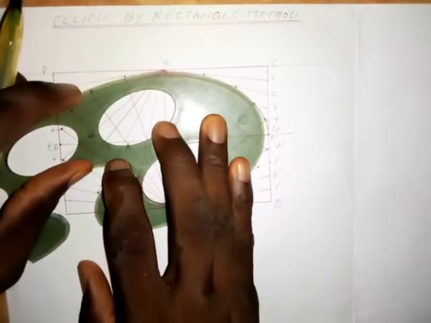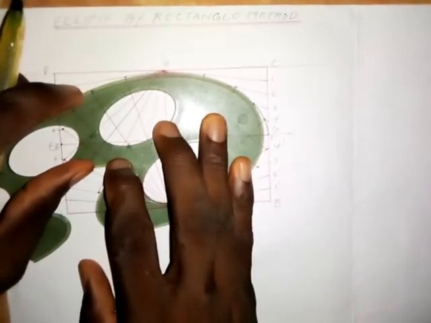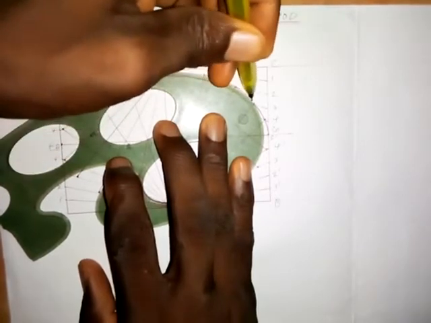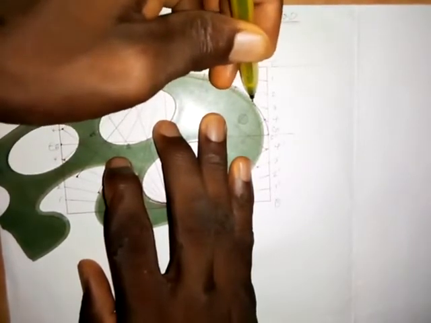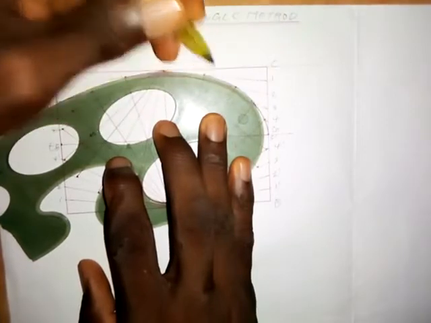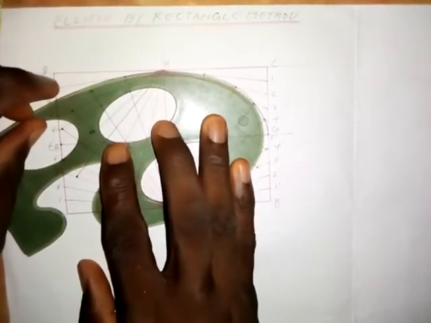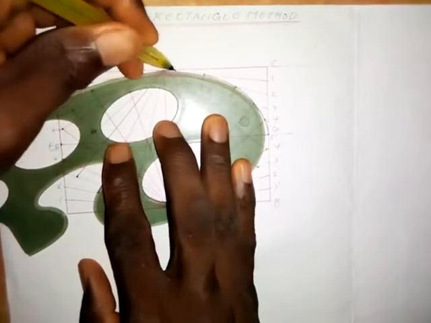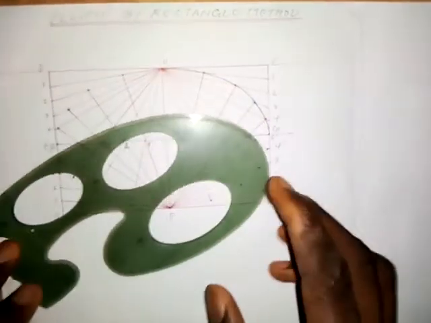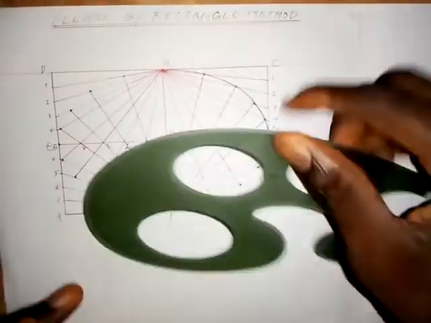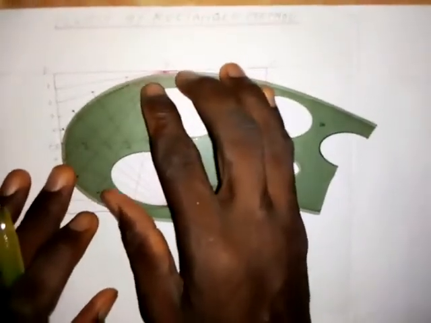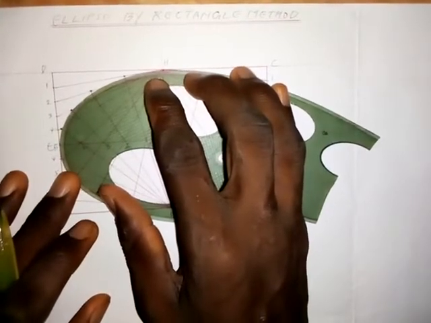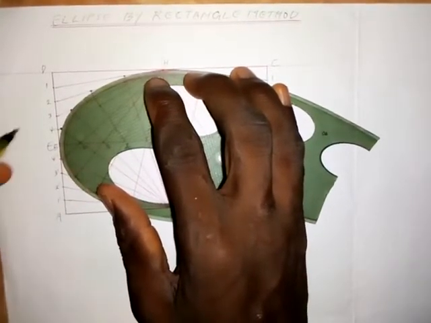Okay, so I believe you know how to use the French curve. So here you see the way I do it, the way I handle the instrument. So that's the purpose of subscribing to this YouTube channel, so that you see how this is done in a raw form.